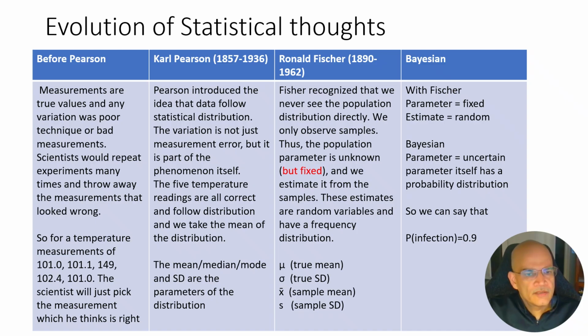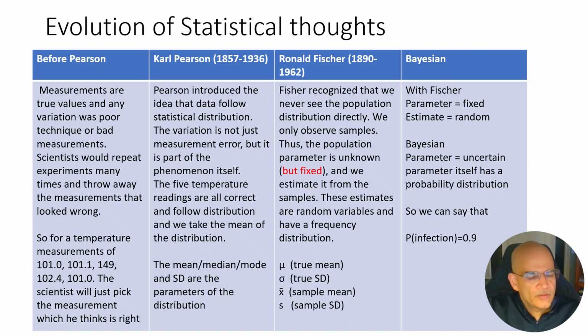Statistics as a field of science is pretty recent, as opposed to biology or chemistry or physics. Karl Pearson, who is the great grandfather of statistics, died in 1936. Up to the later part of the 19th century, statistics was very minimal.